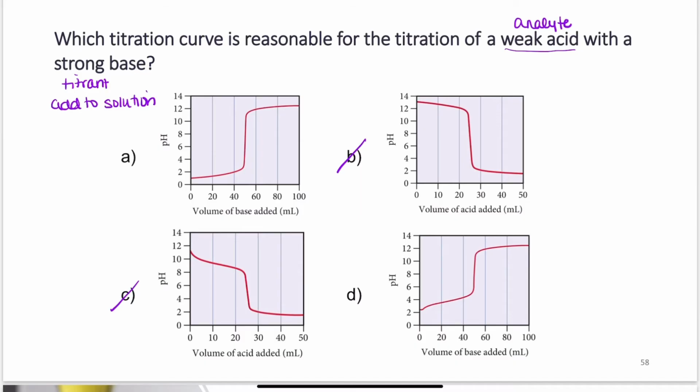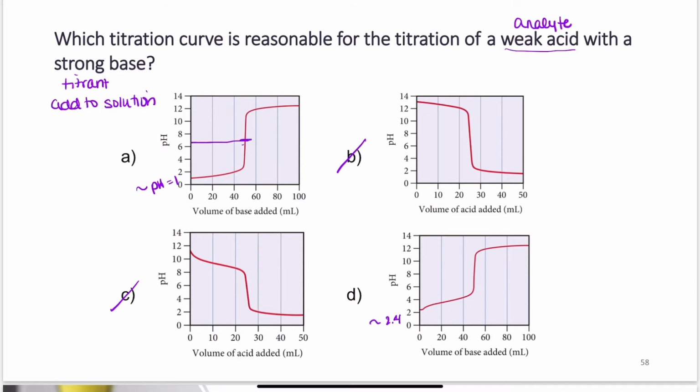Now we could say, okay, well, A is starting out about a pH of 1. D is starting out about a pH of maybe 2.4. So D is probably a good guess just because it's a weak acid, but you should also check your equivalence point. Your equivalence point is about halfway through this line.